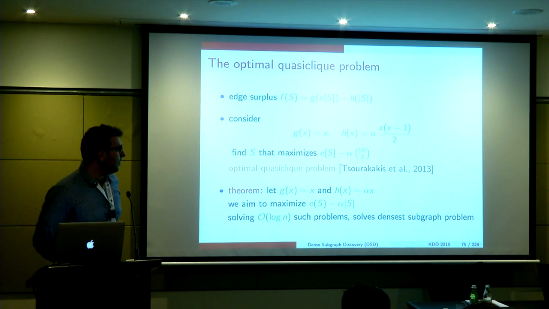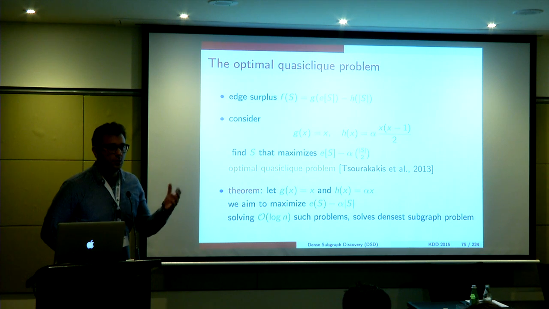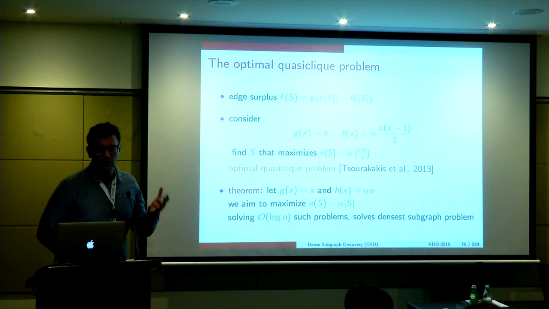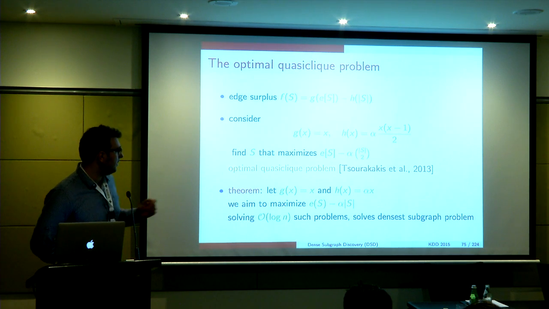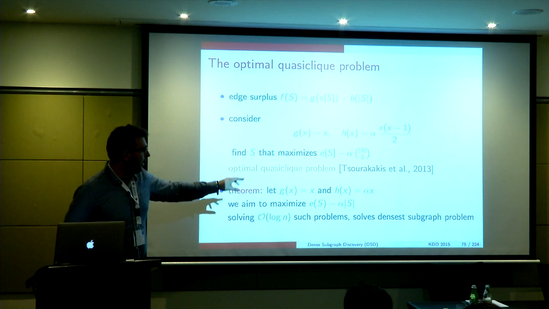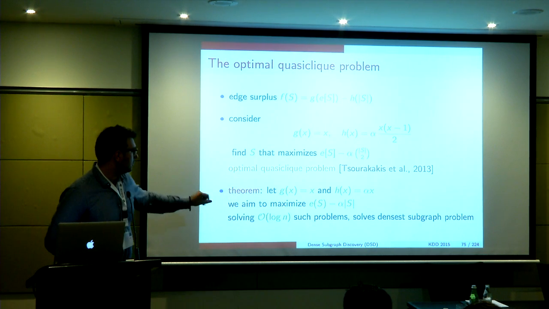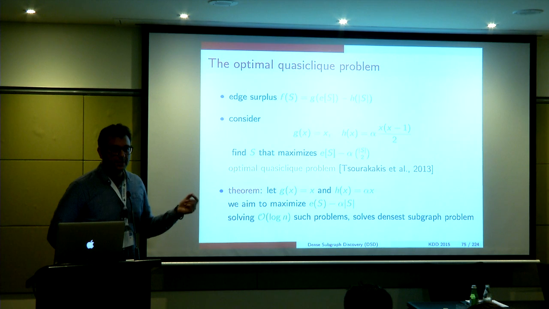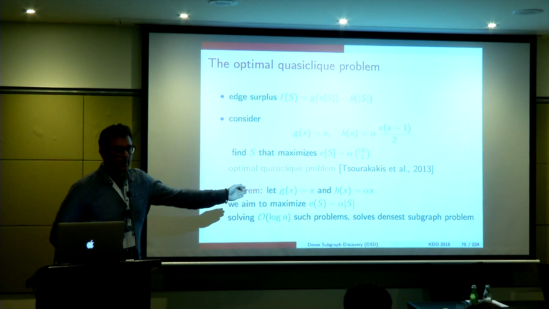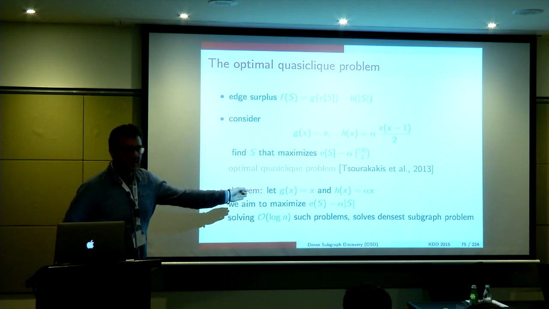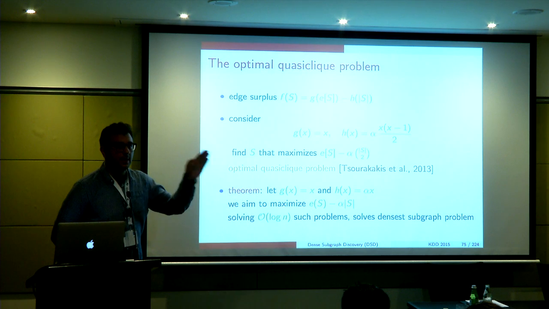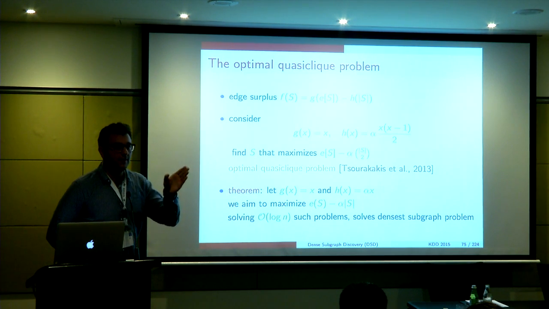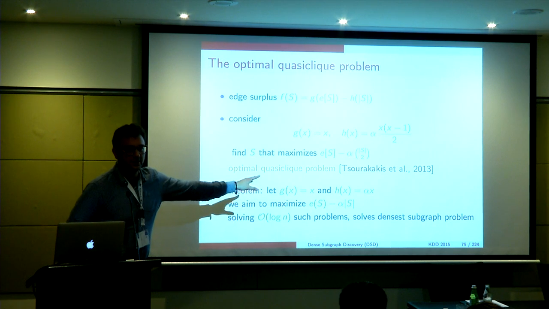And one last observation that I would like to make. I showed you that if you set G and H to be the logarithm functions, you get the densest subgraph problem. You can also set G to be the identity function and H to be alpha times X. So you get the problem of maximizing the number of edges induced by S minus alpha times the size of S. Even if this is not the densest subgraph problem, as we showed, by trying out a polynomial number of values for alpha and optimizing this, we can solve the densest subgraph problem by finding the maximum value of alpha for which this value is non-negative.